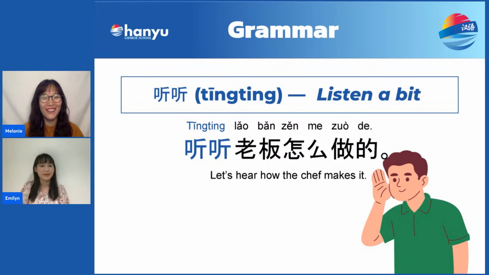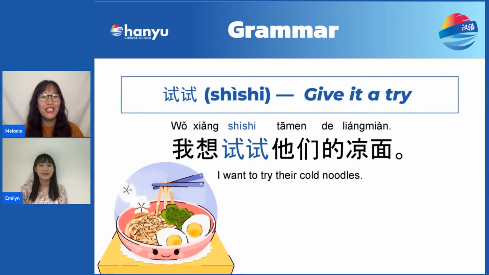Very good. Thank you. And next, 试试, give a try. 我想试试他们的凉面. I want to try their cold noodles. So you're not committing to a big decision. 试试 is relaxed. It means I'll just try it and see.